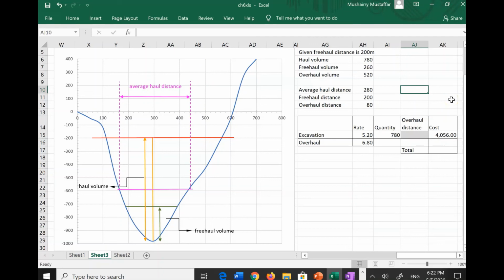That is for excavation. Then for overhaul, we know that the overhaul volume is 520. I'm going to just type there, 520. And we know that the overhaul distance is 80. So we're going to put 80 there.